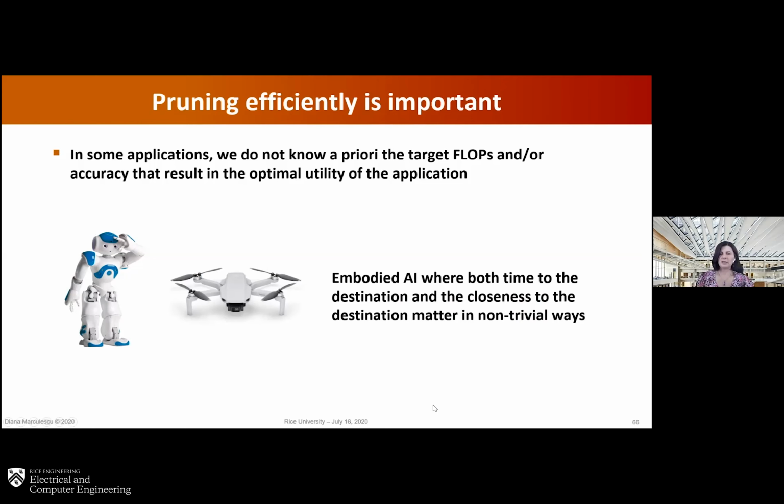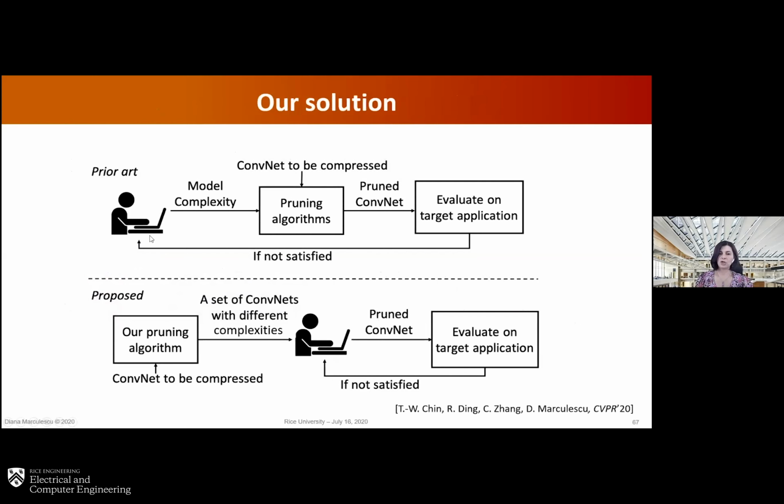So with that in mind, we looked at ways to turn this problem, where you prune, you evaluate, and then you iterate until you find the best pruned network that satisfies your constraints and your accuracy, into an approach where you start with the flop counts that you need, and you do this once, and you identify what are the levels of pruning that satisfy your flop count constraints.